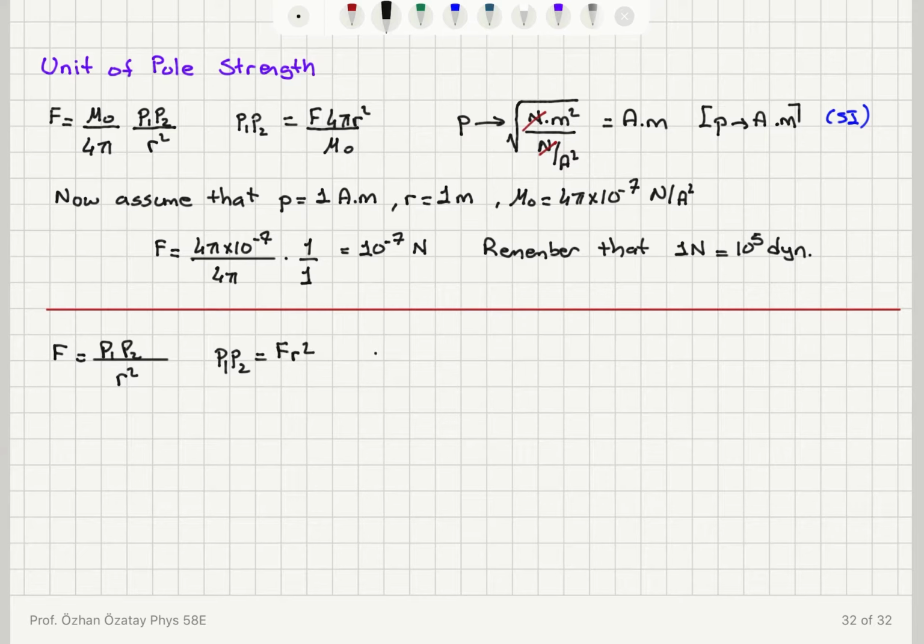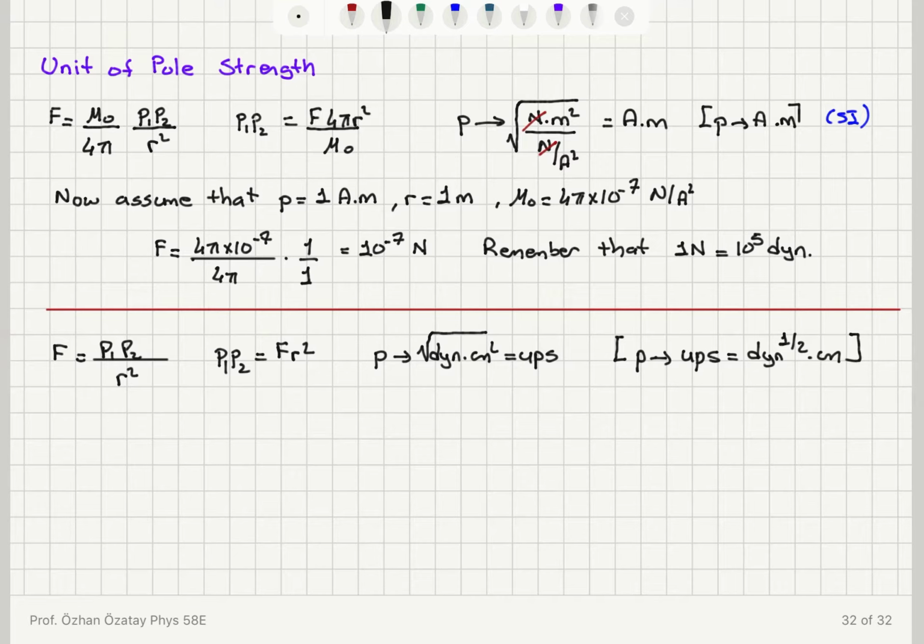So the unit of the pole strength will be the square root of dyne centimeter squared, which we define to be unit pole strength. So in CGS EMU units, the pole strength is unit pole strength, which is dyne to the 1/2 centimeters.